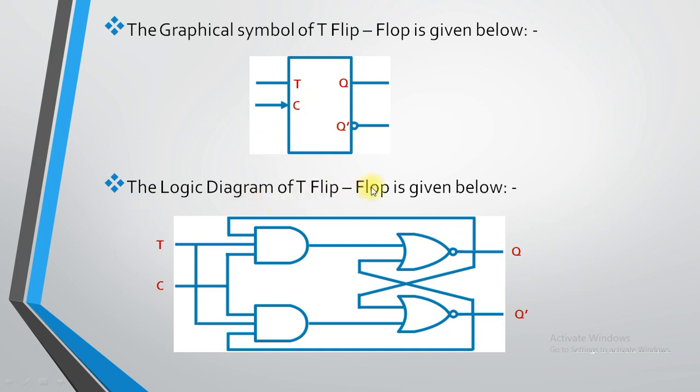For the logical diagram of the T flip-flop, you just need to copy the JK flip-flop diagram, and the only thing you need to change is that, instead of J and K, only one input signal you need to pass to both AND gates. The remaining condition will be the same. There is no change in the JK flip-flop, right? The only change is the number of input signals you have passed.